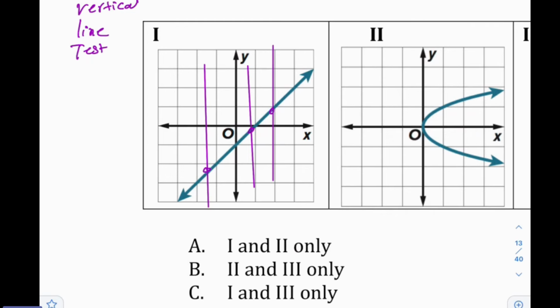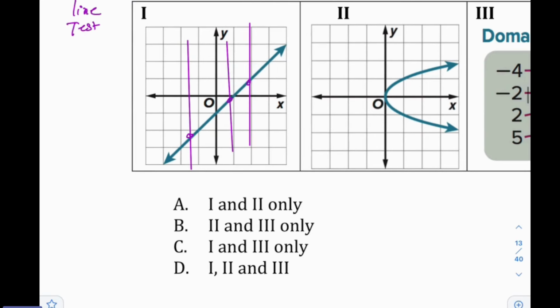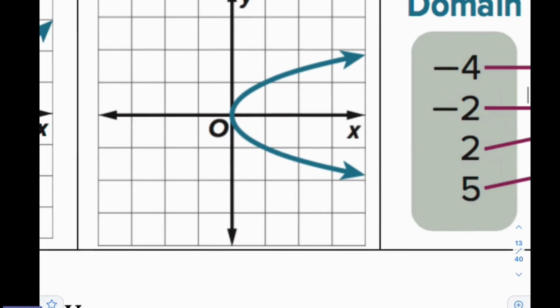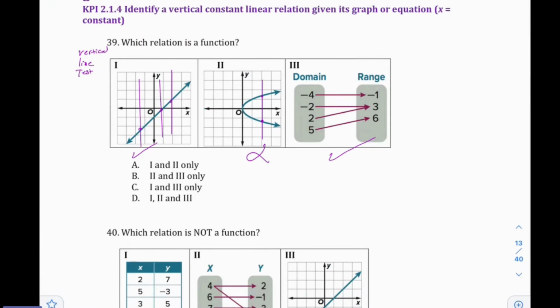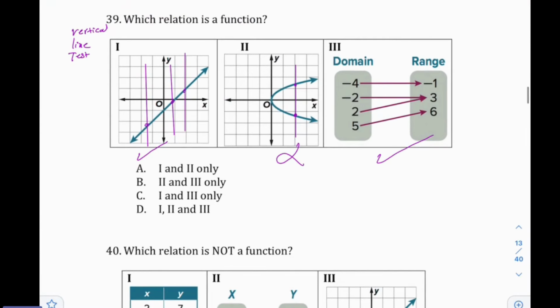If this is the case, then yes, it's a function. If not, like this one, for example, where this line crosses the graph at two different points, that means this is not a function. So in this case, 1 and 3 are functions, while the others are not.